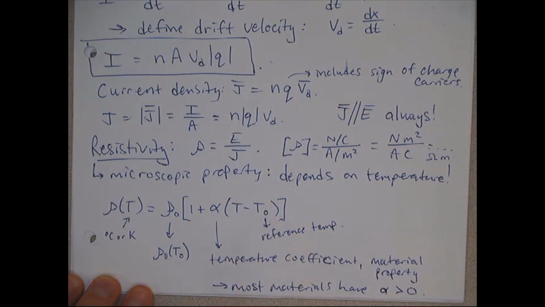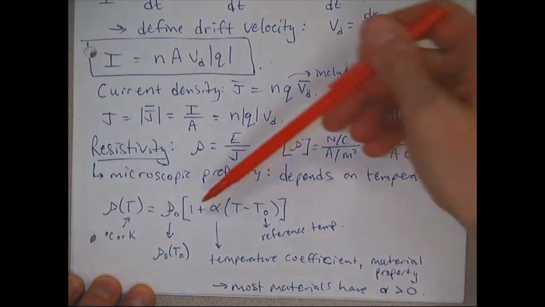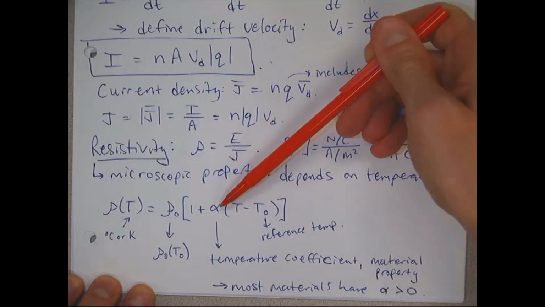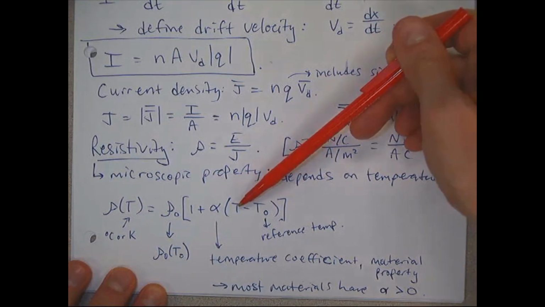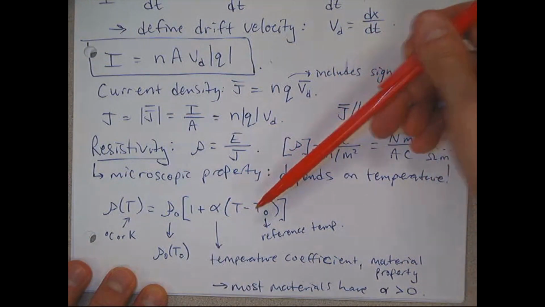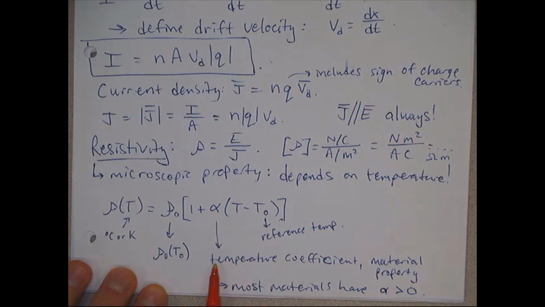That's your T0, reference temperature, multiplied by the quantity 1 plus alpha times the quantity temperature minus reference temperature. This alpha is what we call the temperature coefficient. Again, it must be measured for each material that we're interested in.